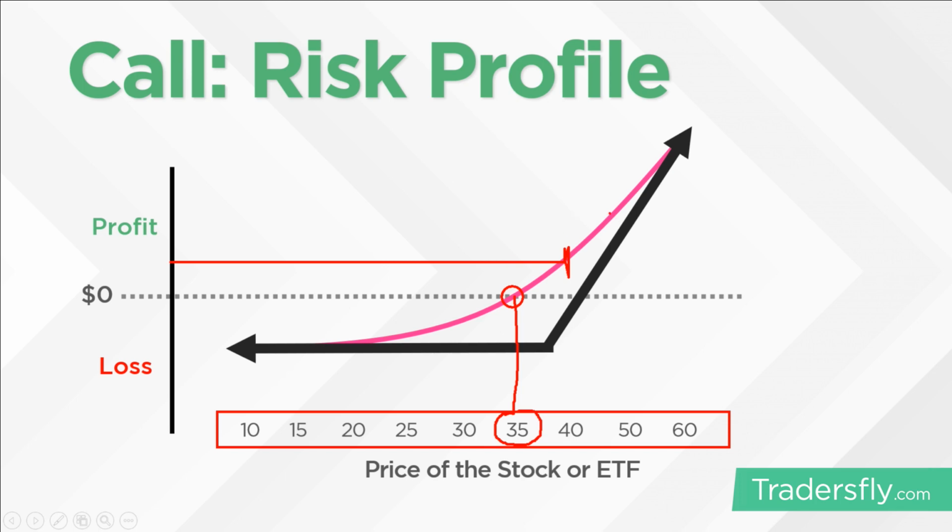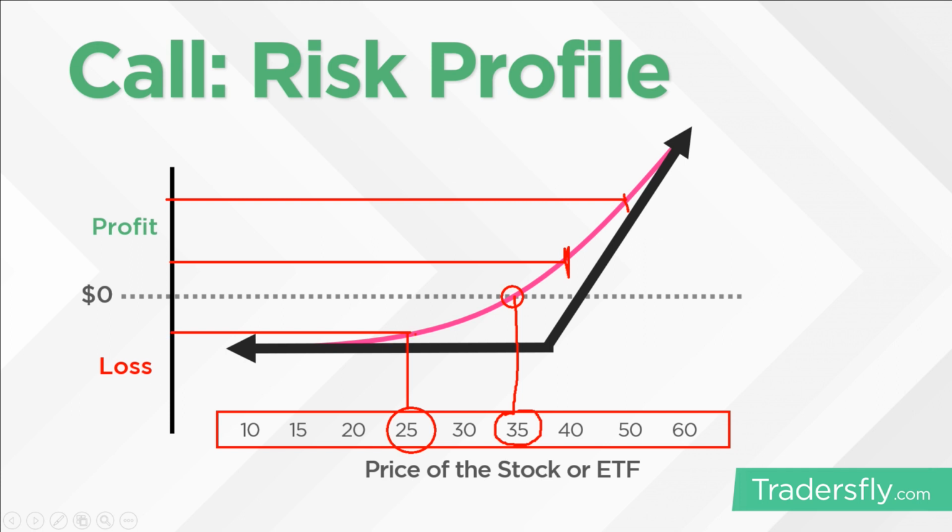If it continues to the $50 range, your profit potential would be at a little bit higher level. Now, if it actually goes down, and let's say it goes down to the $25 range, then again, you draw it, and where's your profit potential? It would be a loss at that price point, okay?